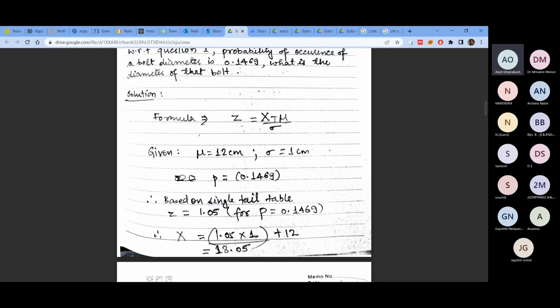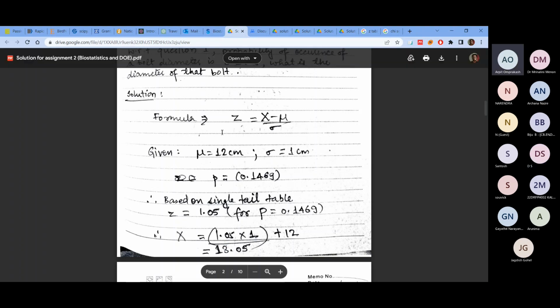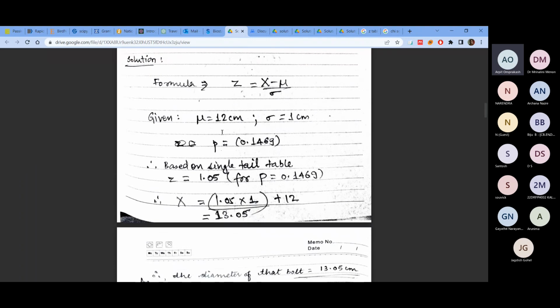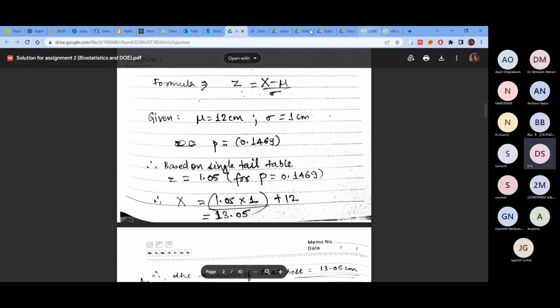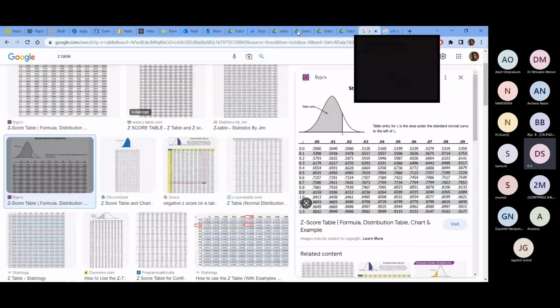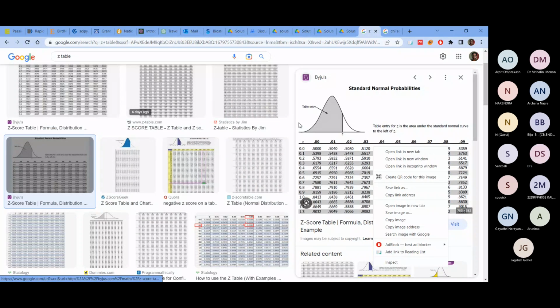From the table. From the table at 95% confidence interval. 0.14.